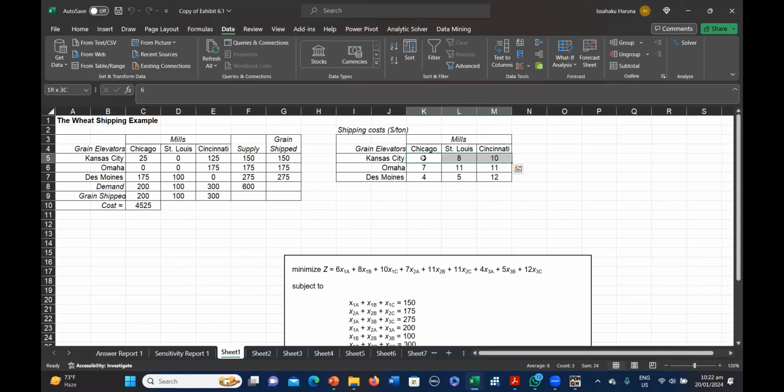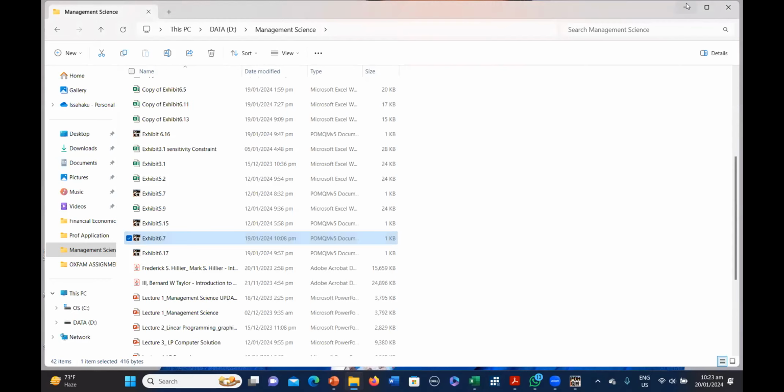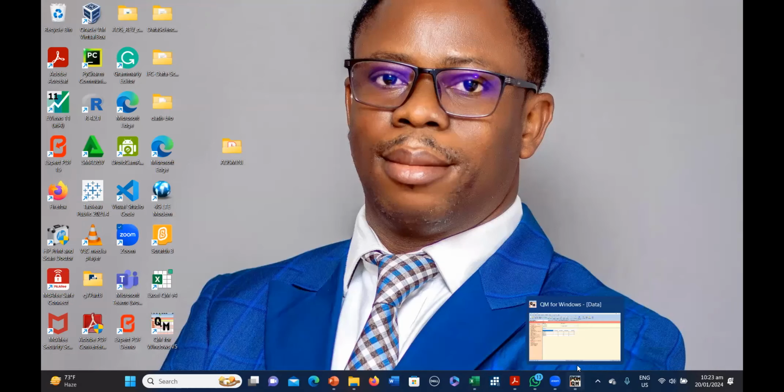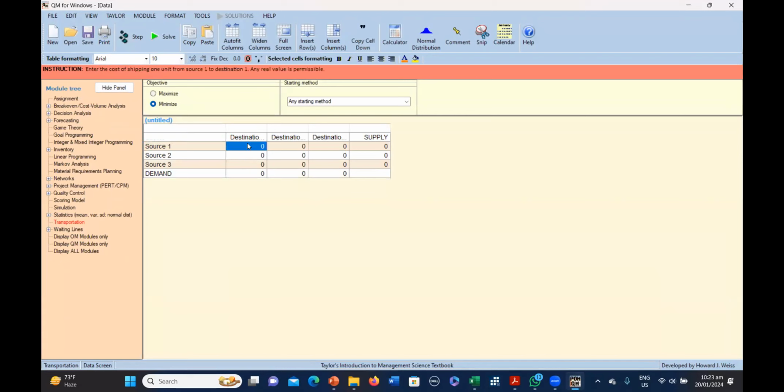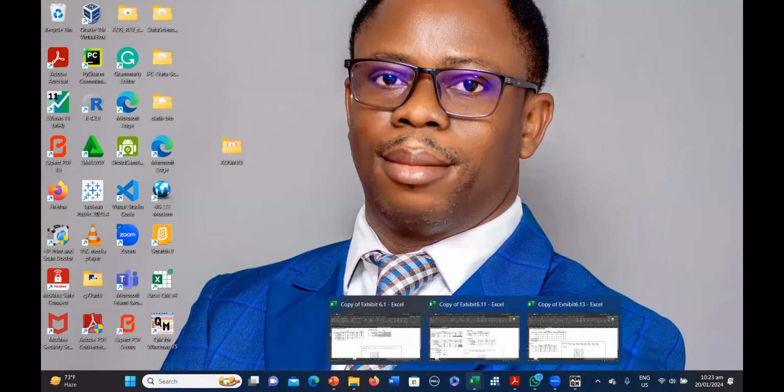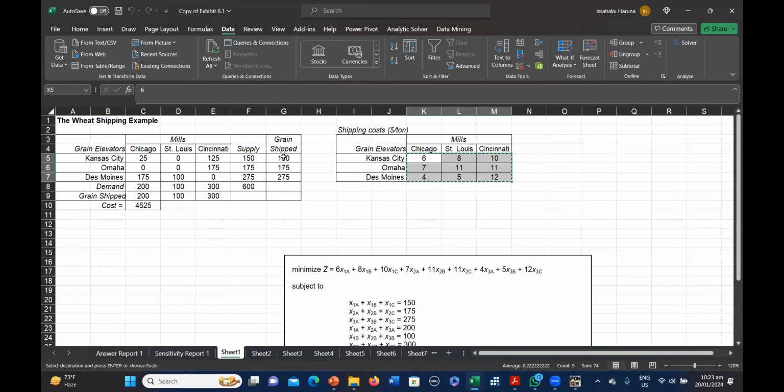You can enter it manually, but you can just copy it and paste it there. Okay. The supply is the same thing.